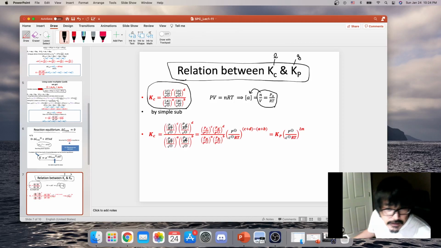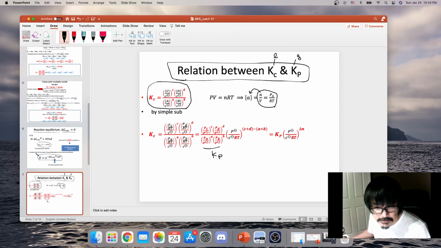Then we try to cancel out and take these things out, and instead we put P in that place. Then you get that expression multiplied by these things right here, and that's literally the conversion unit going from Kc to Kp. So that portion right here is Kp, right?